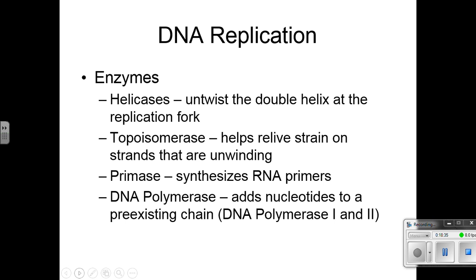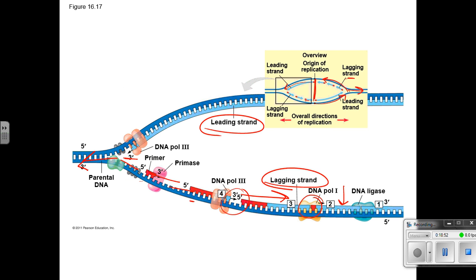So I talked about these enzymes, but I just wanted to list them here for you so you have them. Helicase unwinds, topoisomerase releases strain, primase starts the primers, DNA polymerase is what actually adds the nucleotides to a pre-existing strand. So DNA polymerase is what's going to add these blue pieces here.